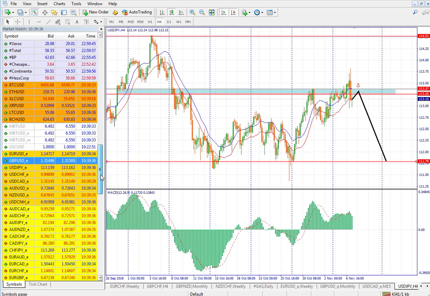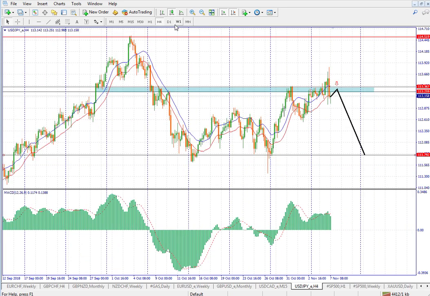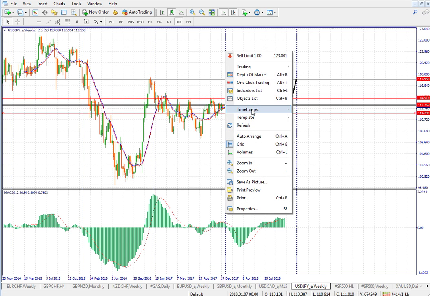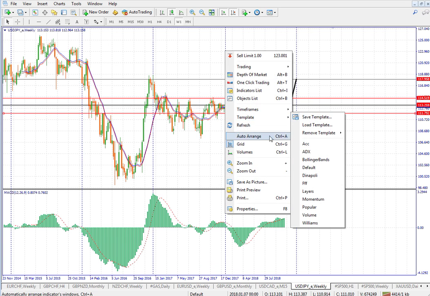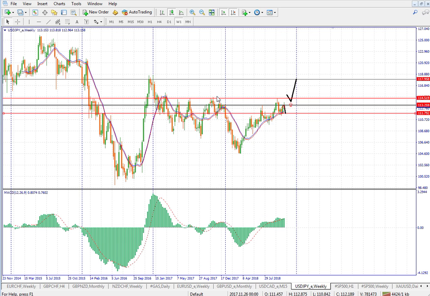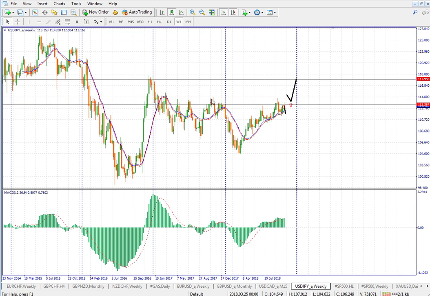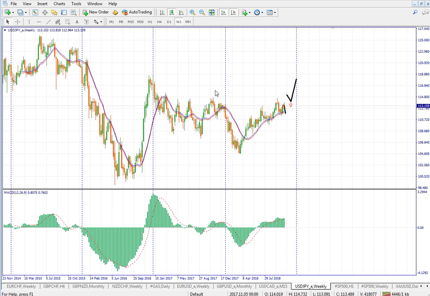Weekly chart, the same thing still holds. We need to revise this. On the weekly chart the same thing still applies. You are still having a dynamic support holding.